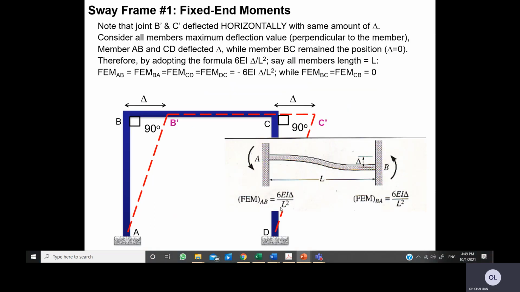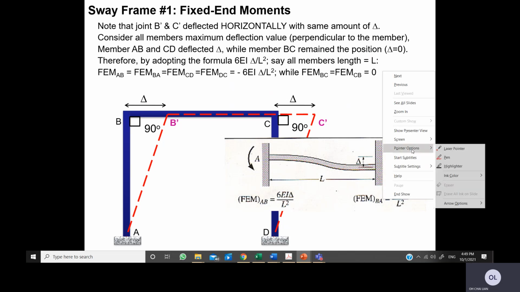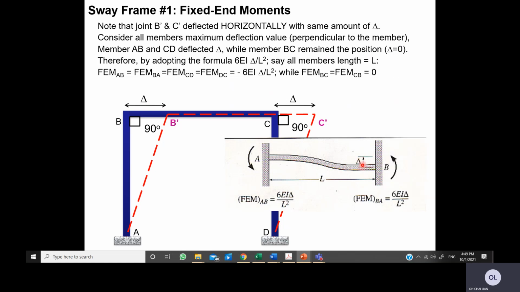So the equations used for fixed condition due to the deflection. If you can see, the moment applied here is in the same direction, clockwise. And we have a positive sign for 6EI delta over L squared for both ends. Now note that joints B prime and C prime have deflected horizontally with the same amount of delta.